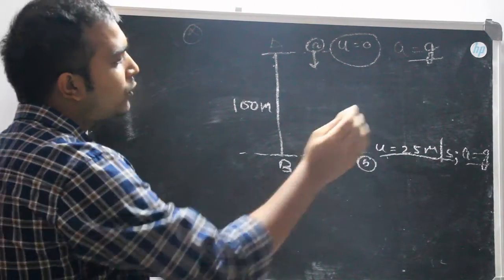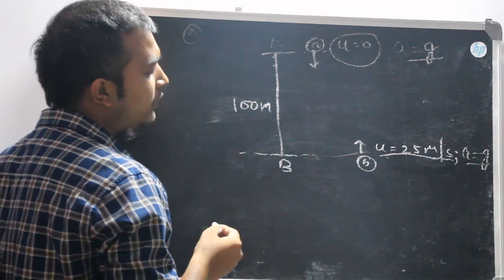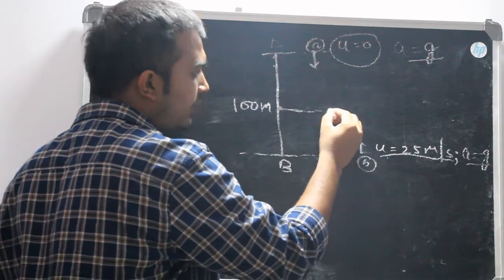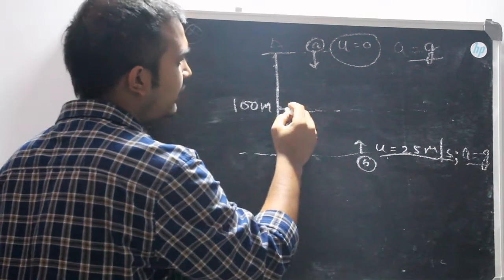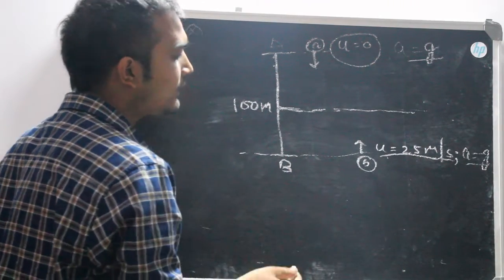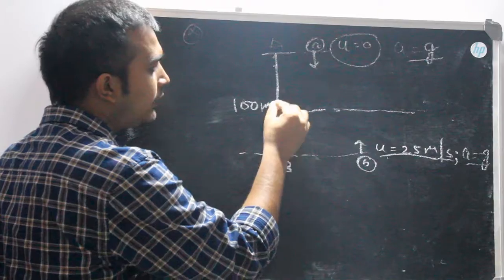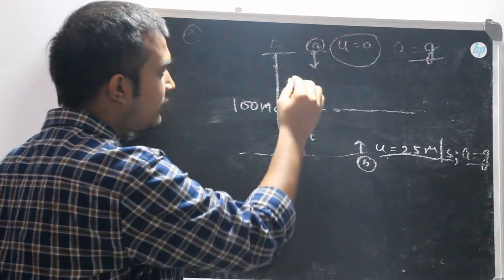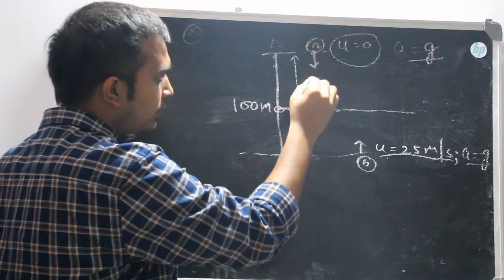What we are supposed to find out is at what point will the balls meet. Say they meet here. I'll just take a reference point. Since they meet and they are thrown at the same time, both are going to take time t to reach this particular point.